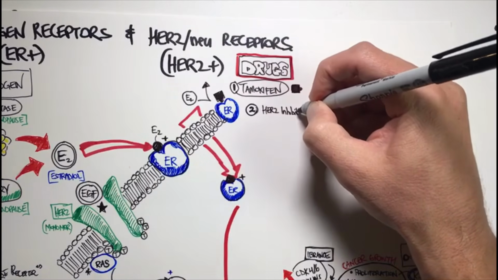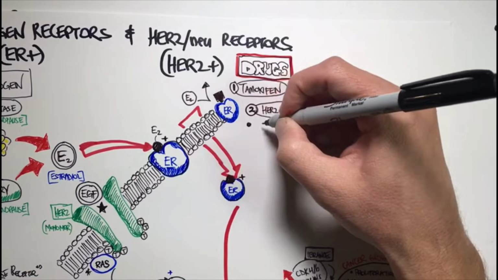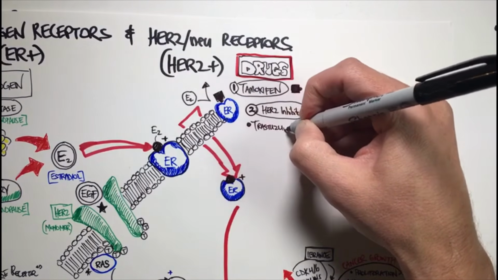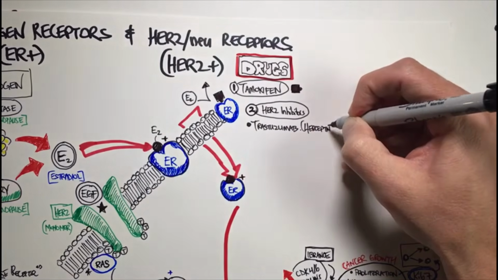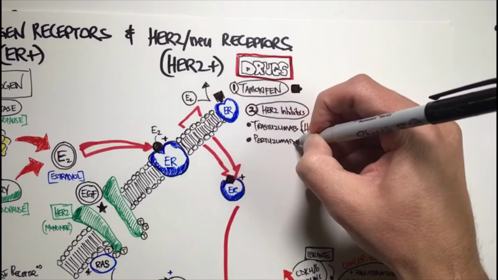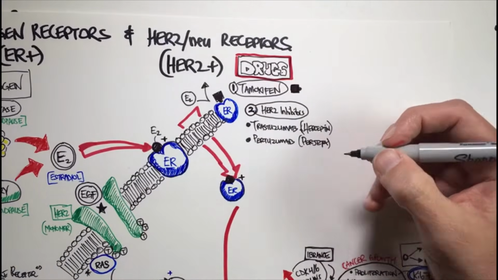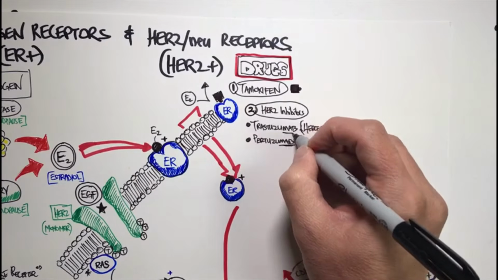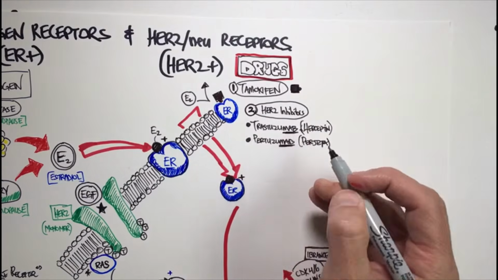If we look at the HER2 receptors, there are HER2 inhibitors, and there's two ways that HER2 receptors can be inhibited. One is by antibodies, and so first we have trastuzumab, also called Herceptin. We also have pertuzumab, which is called Perjeta, and by the MAB at the end of their names, trastuzumab and pertuzumab, that stands for monoclonal antibodies, MAB.